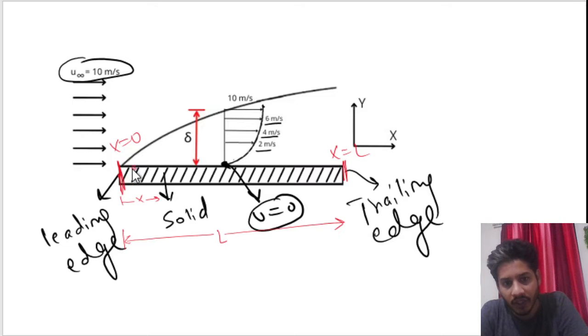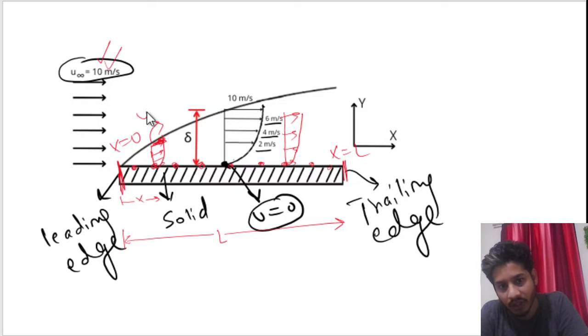So if we take various points on the surface of the body and we draw this graph, here also it will follow the same pattern, like this. Similarly here also. So at the uppermost portion, the velocity reached will be what?